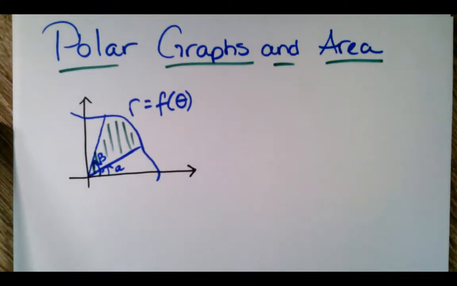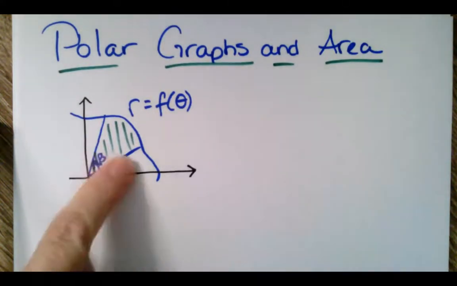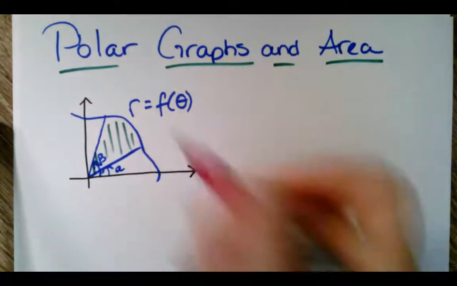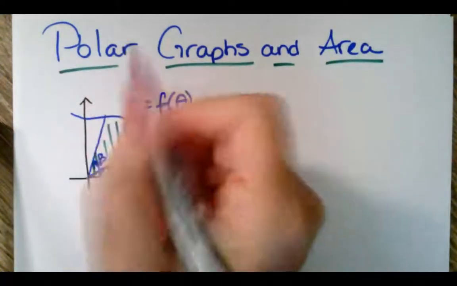Also, with rectangular area, if you remember, what we were actually doing when calculating that area is summing up the area of infinitely many rectangles using an integral. We're going to use that same notion here, but instead of summing up rectangles, because that's not going to work with this kind of region, we're going to sum up infinitely many sectors.